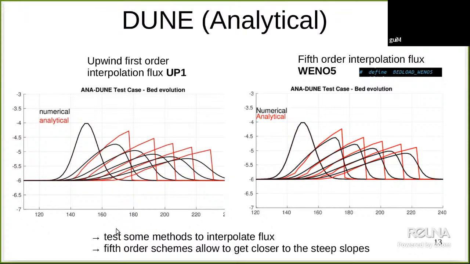With a quick look, we see that with first order it's smoother. The result from CROCO, and if we are using the other solution from WENO 5, we see that it gets closer to the steep, and it fits better than the first order.